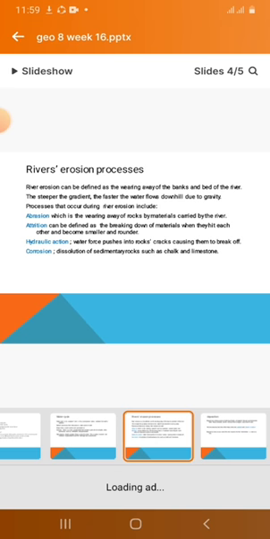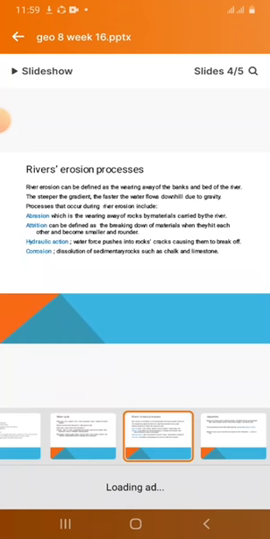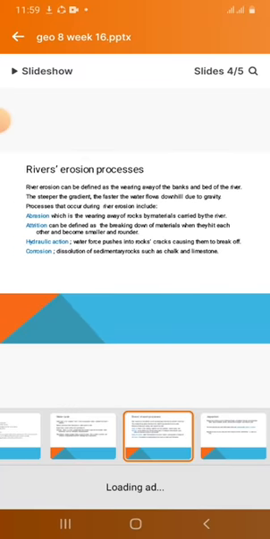Attrition can be defined as the breaking down of materials when they hit each other and become smaller and rounder. Hydraulic action: water force pushes into rock cracks, causing them to break off. Corrosion, which is another word, can be defined as the dissolution of sedimentary rocks such as chalk and limestone.